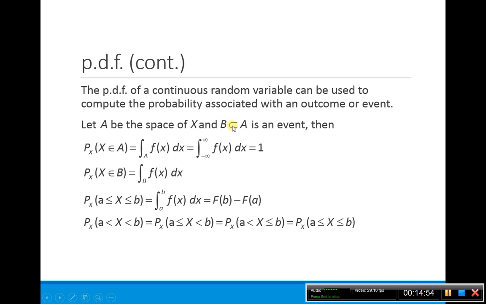Here, B is a subset of A, so you just integrate over just that subset. What's the probability that capital X is between a and b? Well, I can integrate from little a to little b, and I get my c.d.f of capital B minus my c.d.f of capital A. And again, the probability that X is between a and b, not inclusive, is the same as the probability if I include one or both endpoints.